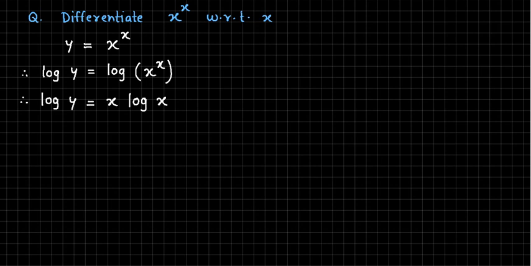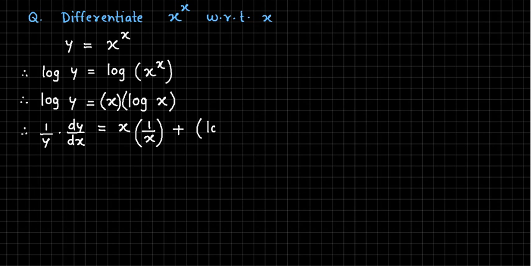Now the next process is the differentiation. We differentiate both sides with respect to x. So the derivative of log y is 1 upon y into the derivative of y, which is equal to, now on the right hand side we see that we have a product of two functions, so we use the product rule, that is first function x into the derivative of second function, and the derivative of log x is 1 upon x, plus second function as it is, which is log x, into the derivative of first function, that is the derivative of x, which is nothing but 1.